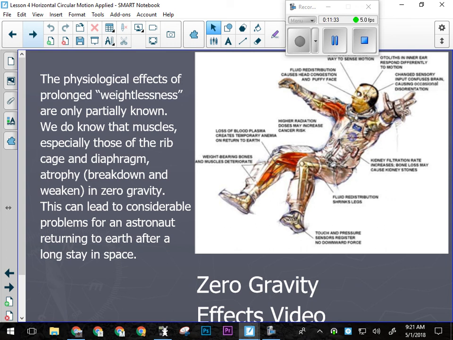Because in a gravity environment, now they're relying on their eyes. If they turn to look, their brain goes, oh crap, we're falling. And it'll do something weird with the muscles, and the person will actually fall, because it started relying on the eyes to tell them which way is up and down. In a zero gravity situation, there's no up and down. The floor and the ceiling are the same thing. But in a gravity situation, that's a problem.